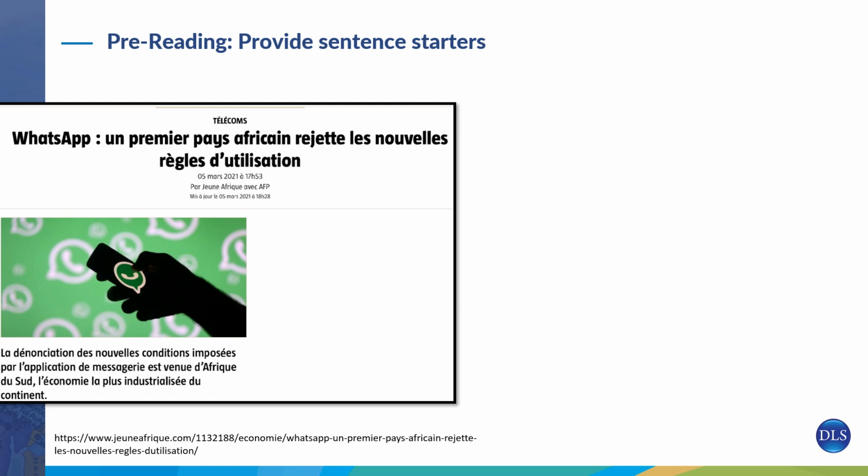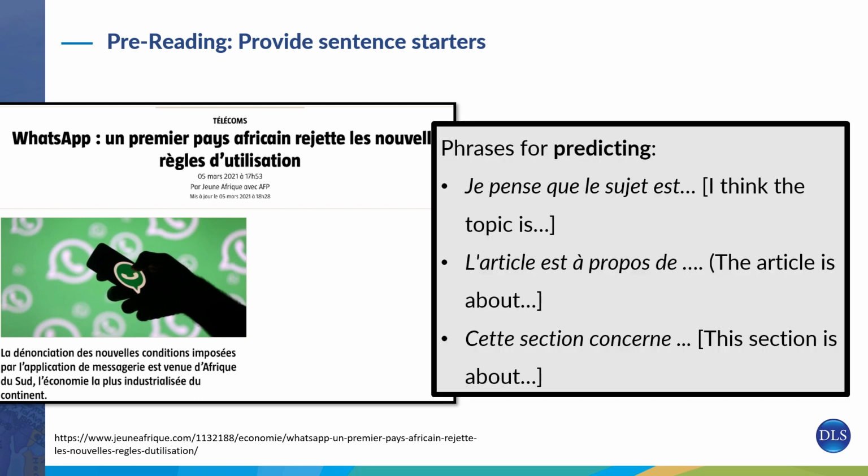Another strategy you can use for pre-reading is to provide your students with sentence starters. So here, for example, if you're reading this article in French about WhatsApp and you want your student to predict what will be in the text, you might give them some phrases to help them predict.